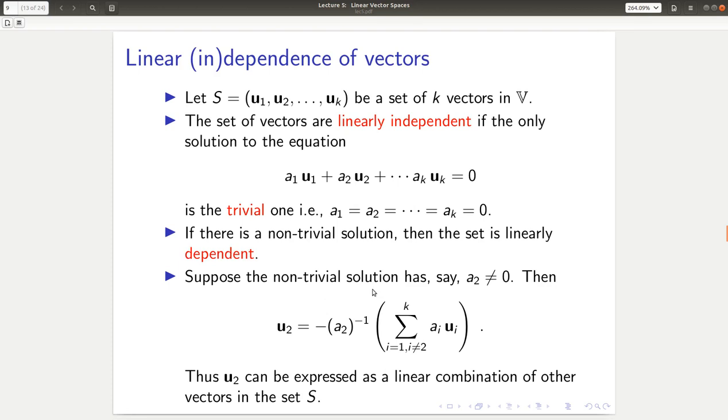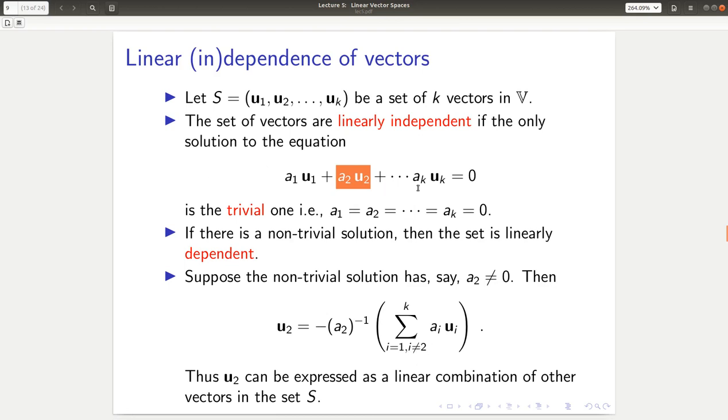Now suppose there is a non-trivial solution, and just to make things concrete, let's say a2 was non-zero. Then what we can do is go to this equation, focus on a2, and multiply this whole equation by a2 inverse. So what you get is u2, and take the rest of the terms to the right hand side. So u2 can be written as minus a2 inverse times the sum of all the other elements except i not equal to 2.